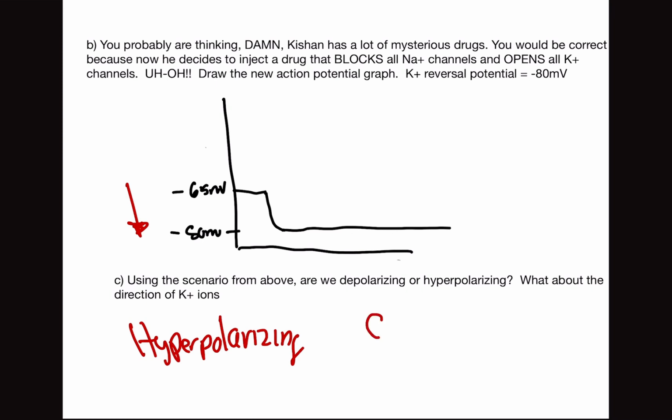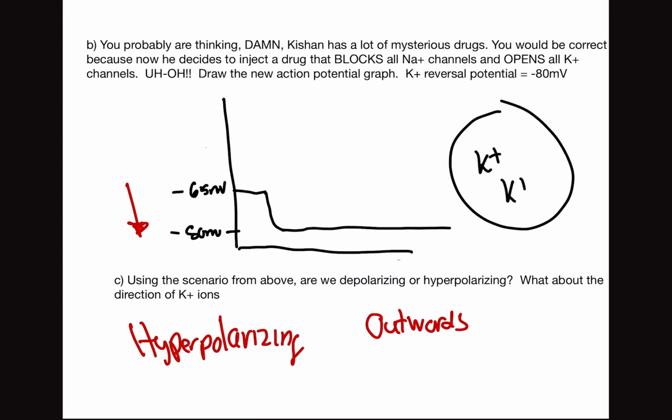Potassium ions are going to go outwards. Why? Well, like I said in the previous example, potassium ions are positively charged.